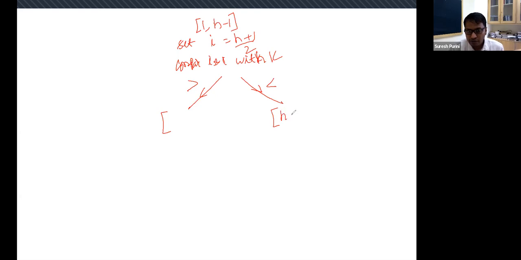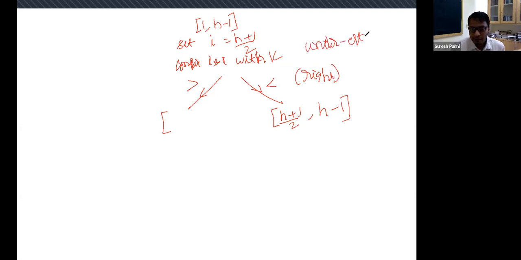The new estimate is that I belongs to the interval h plus 1 by 2 to h minus 1. Does this make sense? If we underestimate, we go right, and going right is equivalent to this.